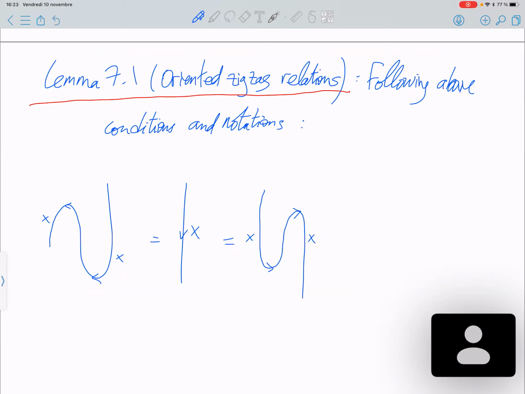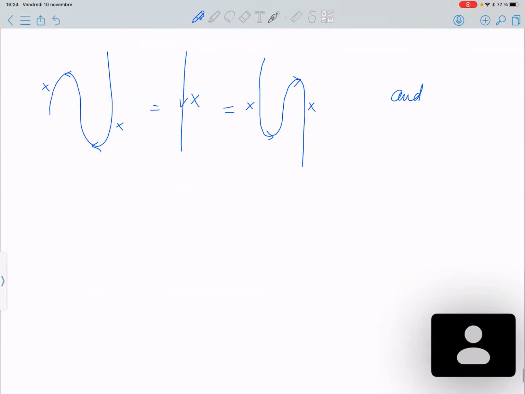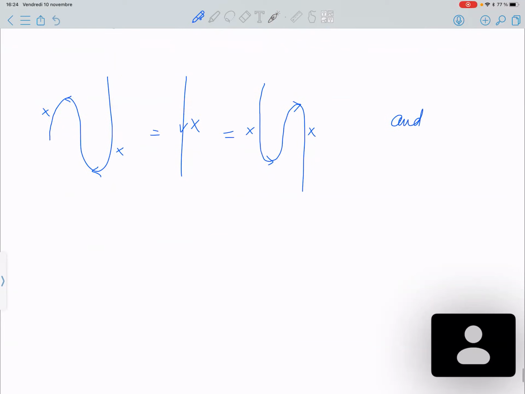X. Okay. And same thing if you take the opposite orientation everywhere. So opposite orientation. Here. Here. Here. Now the X is in the middle.